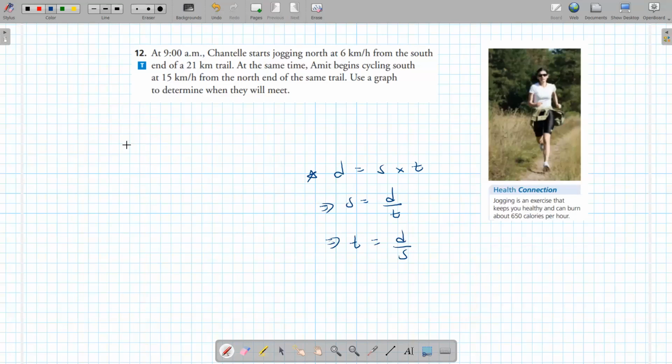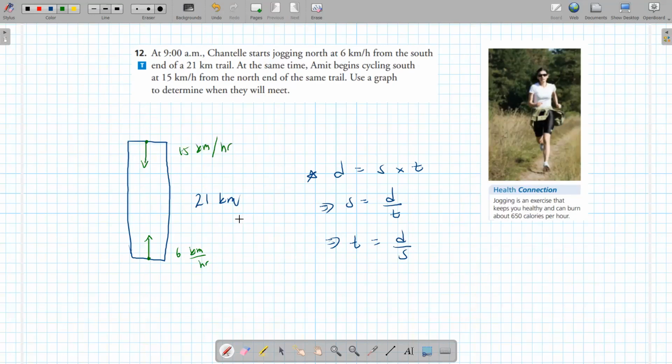Cool. So what's happened here is this. There's a path. The distance of this path is 21 kilometers. We have someone going from here to here at 6 kilometers per hour. And then we have another person coming from up there at 15 kilometers per hour.